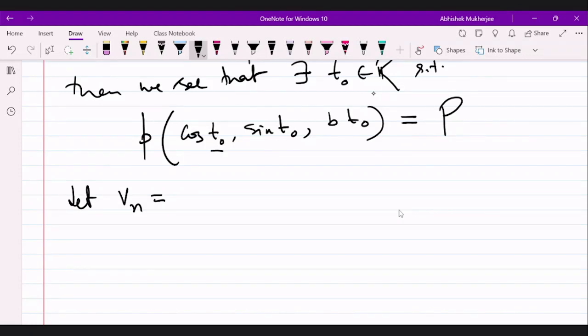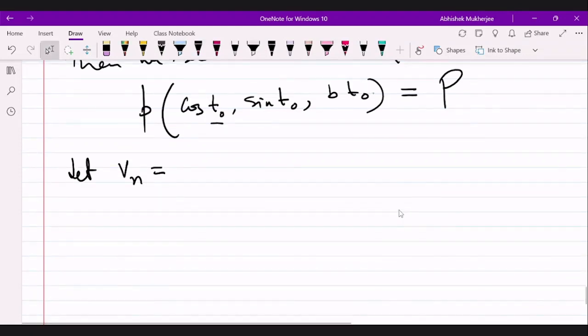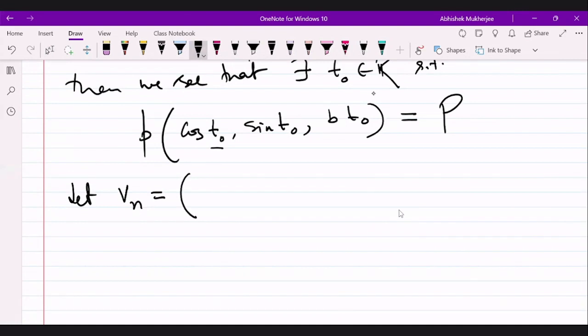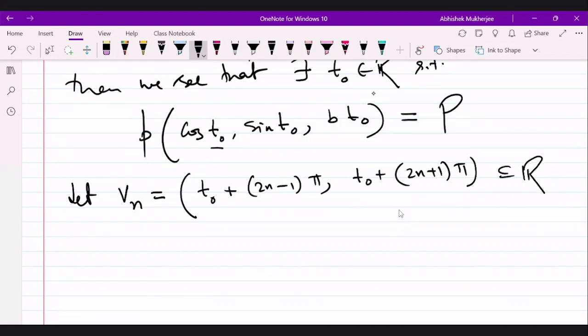Since we have some t naught, we can define Vn as the interval from t naught plus (2n minus 1) pi to t naught plus (2n plus 1) pi, right? And this is a subset of R for every n running over 0, plus minus 1, plus minus 2, and so on.